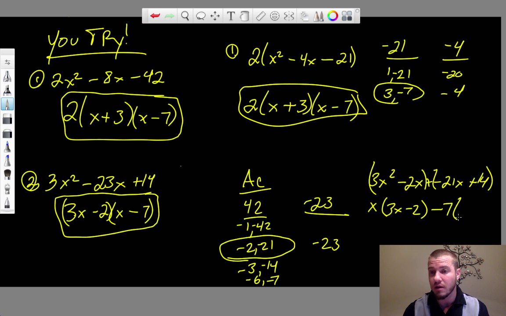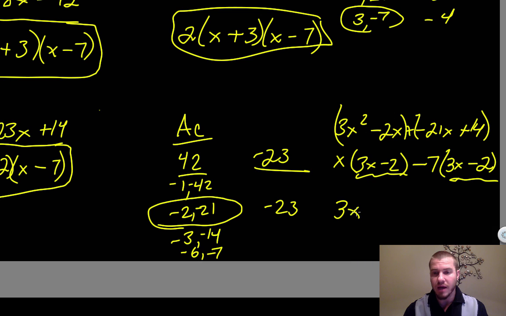That becomes positive 3x, and this becomes a negative 2. If I distribute back, that's negative 21x, positive 14, which is what it should be. Notice that these two are the same, which they should be. So I have 3x minus 2 times x minus 7.